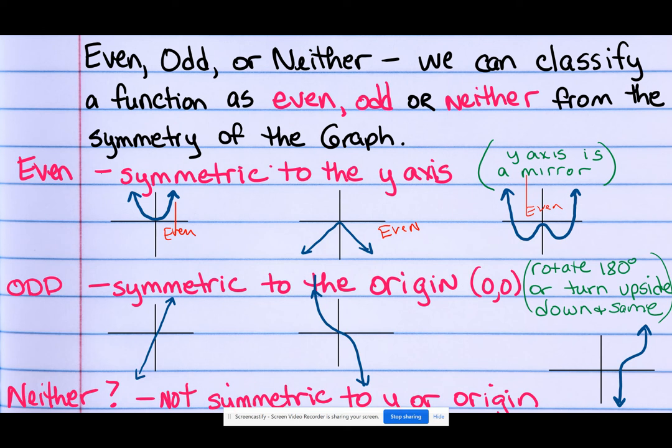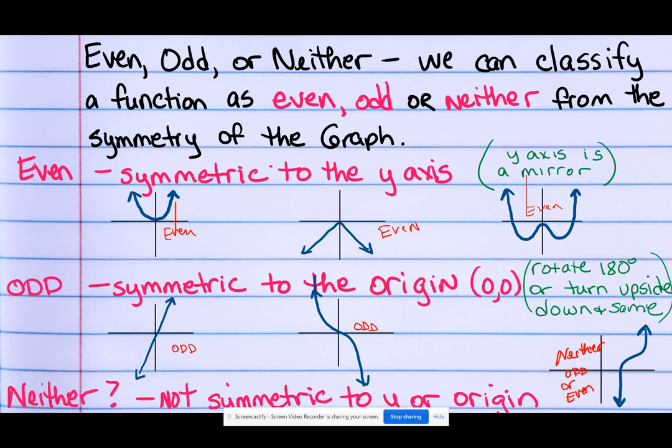Okay, so these both here are odd functions. And then we have neither. If it's not even and it's not odd, then it's neither. And so here's an example over here in the bottom. This is neither odd nor even.